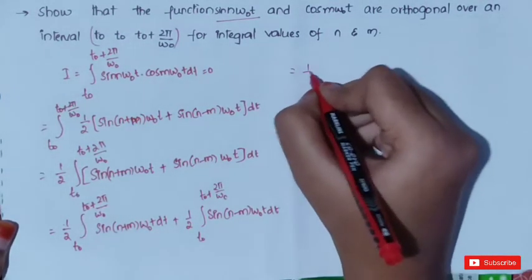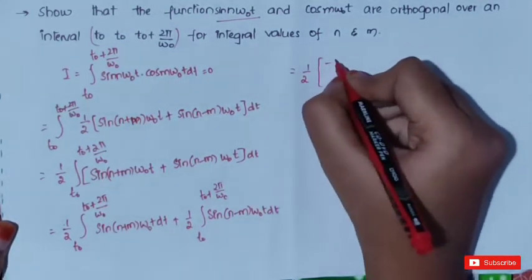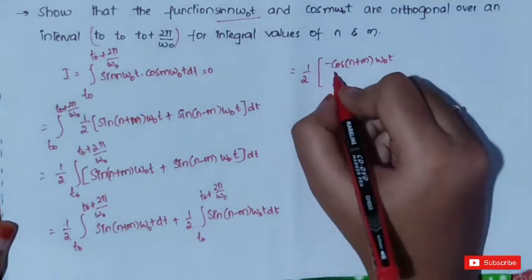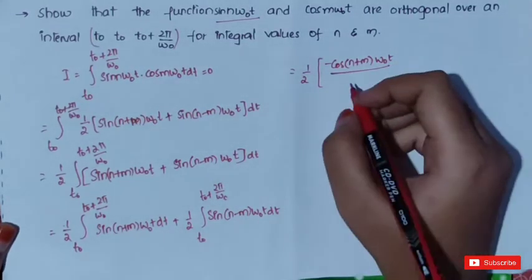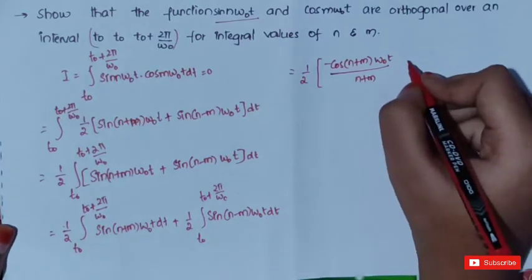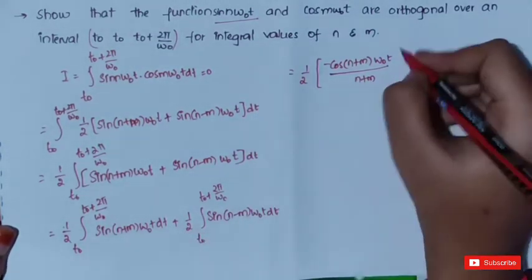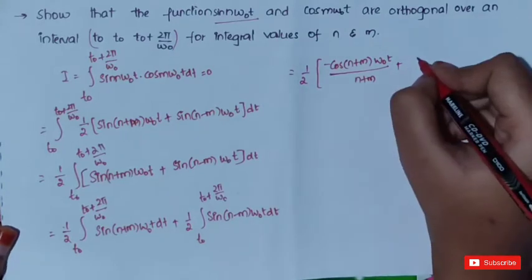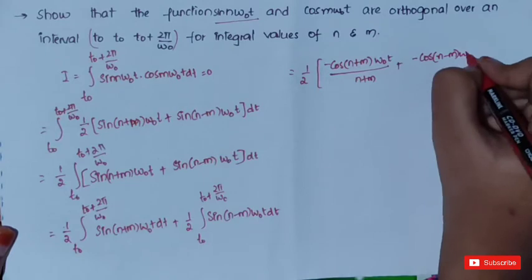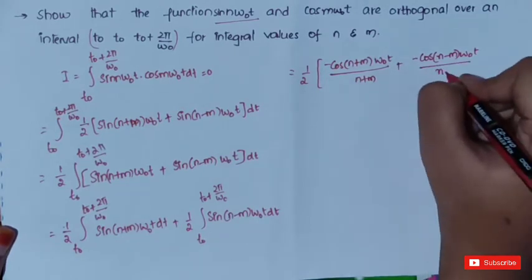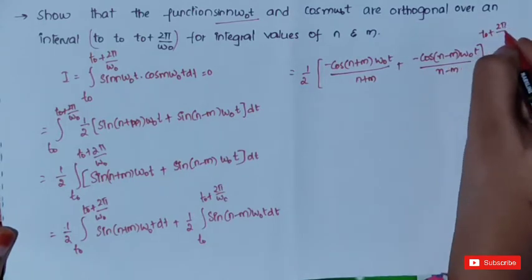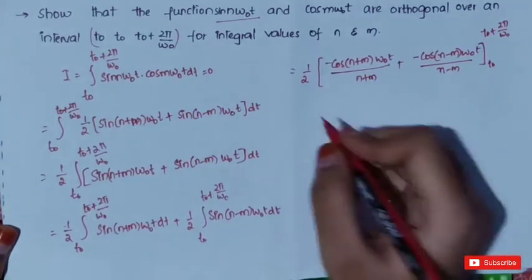So 1 by 2 of minus cos (n plus m) omega naught t by (n plus m), plus integral sin theta is minus cos theta, minus cos (n minus m) omega naught t by (n minus m), in between the limits t naught plus 2 pi by omega naught and t naught.